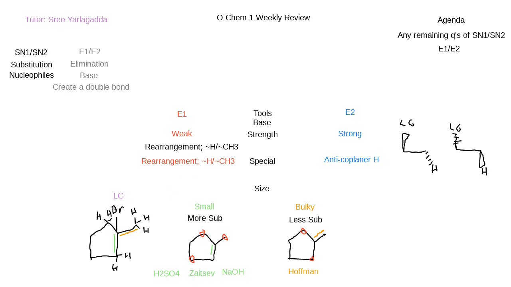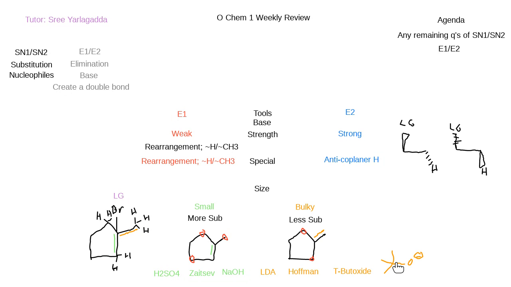Now for bulky bases, if you see LDA, that's one. And then another one is called tert-butoxide, t-butoxide. Tert-butoxide usually looks like this, with the tert-butyl and an O minus. The reason you have an O minus is because this is usually paired with potassium or sodium, K or Na.